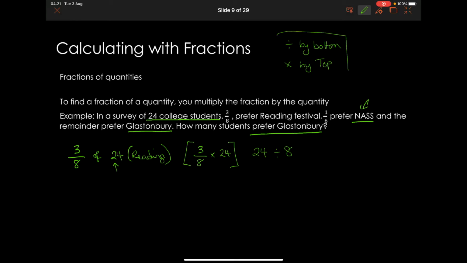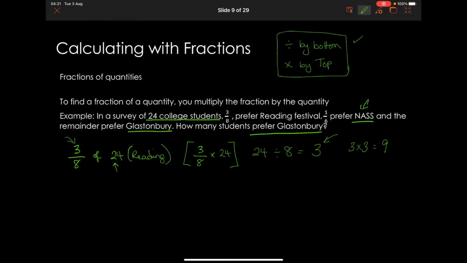That's your rule. So 24 divided by 8 is 3. Because I've now got that answer, I've divided by the bottom, tick, and now I'm going to times by the top number. The top number of my fraction was 3, remember? So I'm going to do 3 times 3, which equals 9.